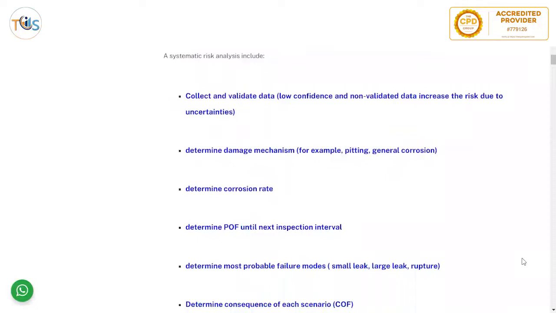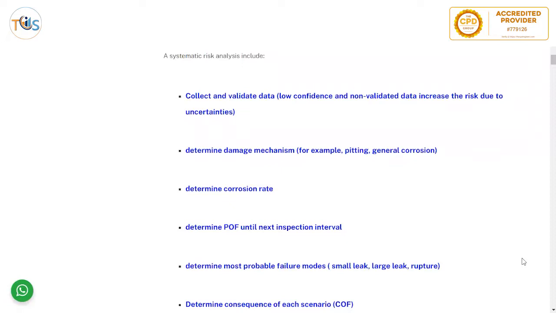An overview of risk analysis. A systematic risk analysis includes collecting and validating data. Low confidence in non-validated data increases the risk due to uncertainties. Determine damage mechanism, for example, pitting or general corrosion.